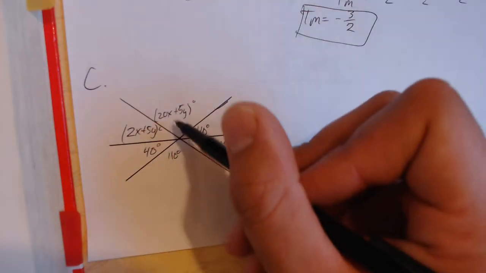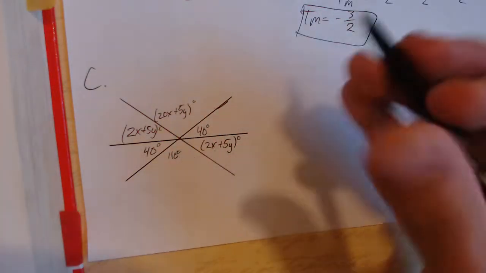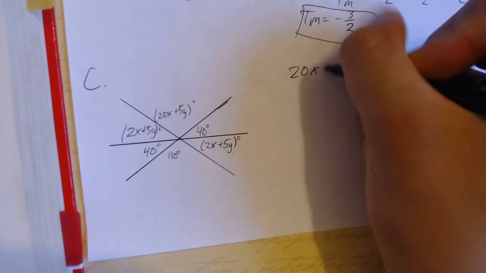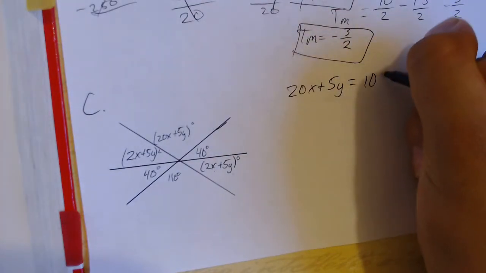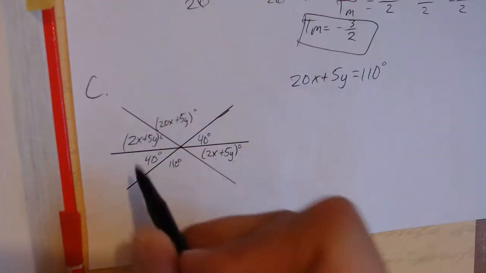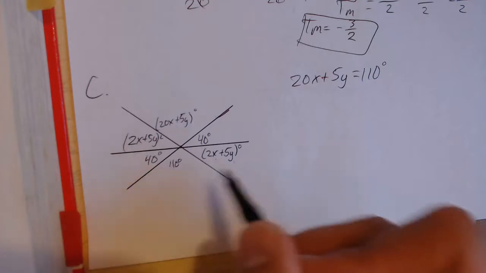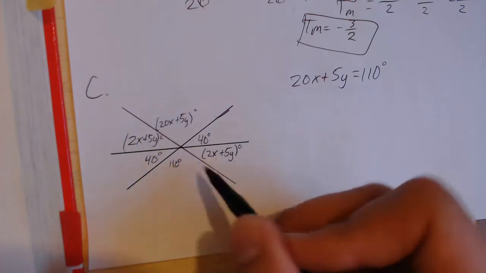Using vertical angles, we could say that 20x plus 5y is equal to 110, through vertical angle relationships. Actually, we could find this value here.